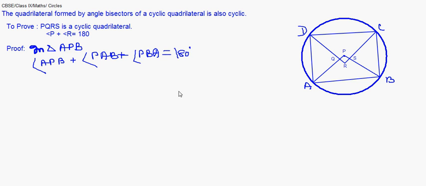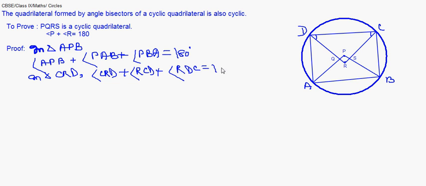On the other hand, if you take the triangle CRD, in triangle CRD, what do we get? We get angle CRD plus angle RCD, this one and these two, plus angle RDC.